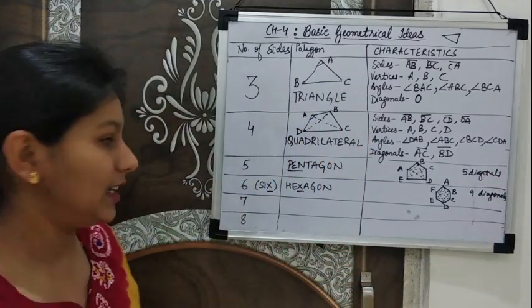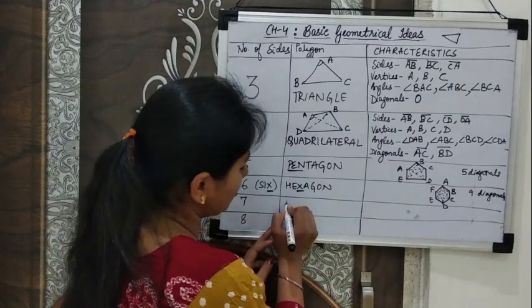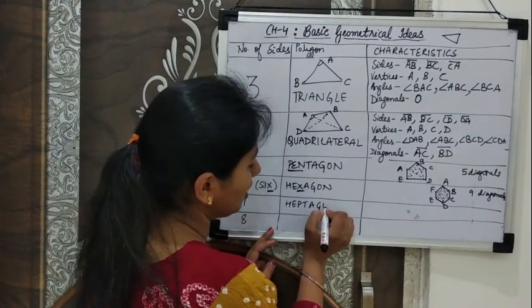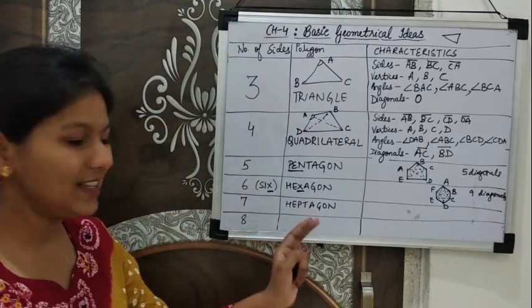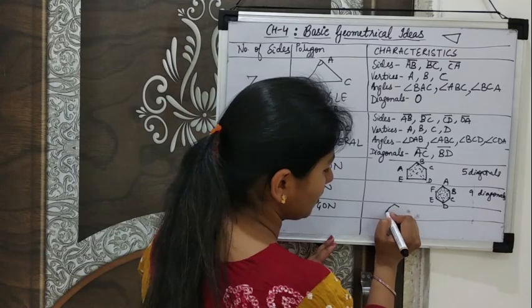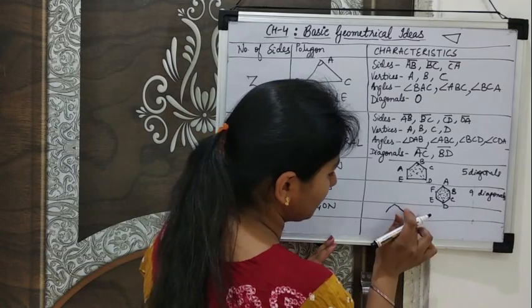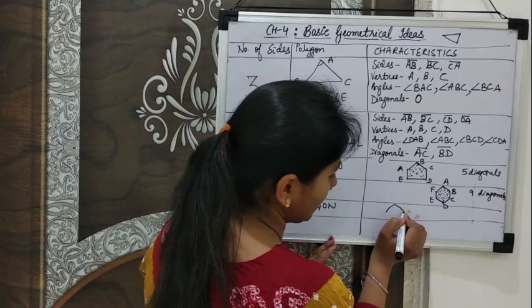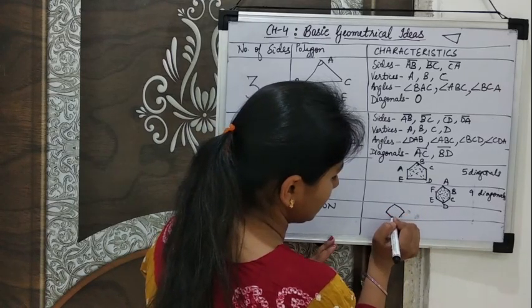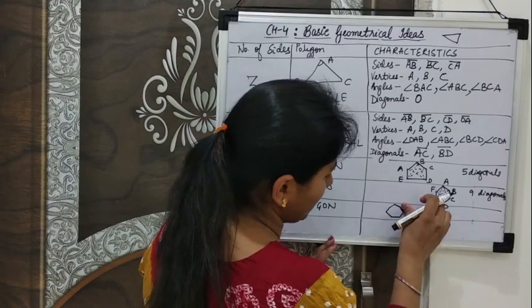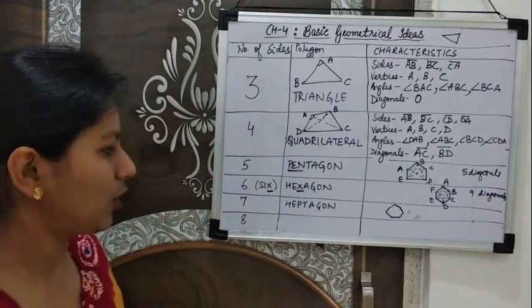Now 7-sided. A 7-sided polygon is called heptagon. Heptagon is a 7-sided polygon. 1, 2, 3, 4, 5, 6, 7. So in this way we can make a 7-sided polygon.